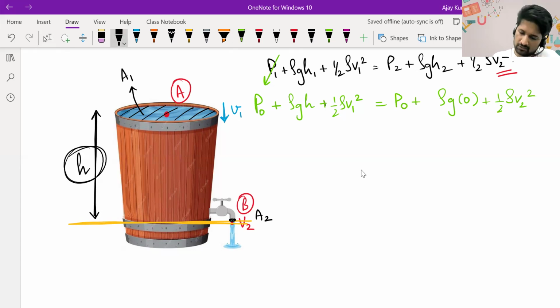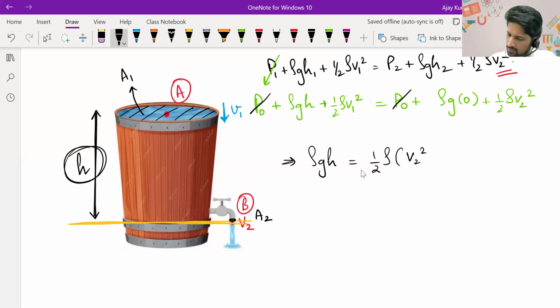Since P naught is common, we can cancel it. Rho g 0 can be removed. You will be left with rho g H is equal to half rho into V2 square minus V1 square. And density also gets cancelled now. You get V2 square minus V1 square is equal to 2gH.